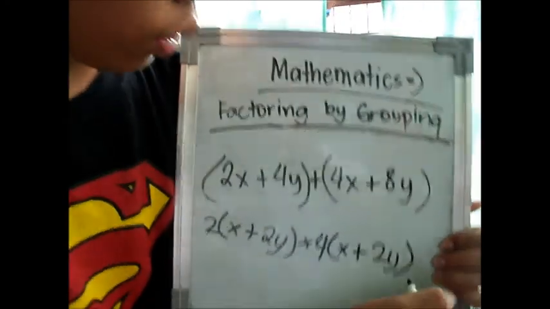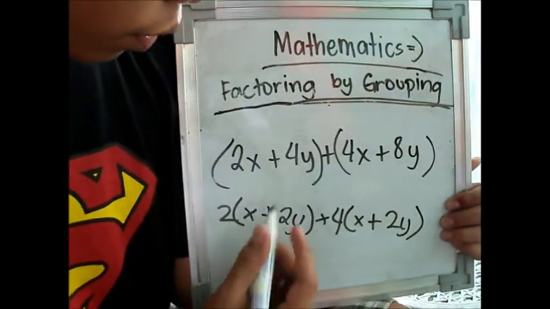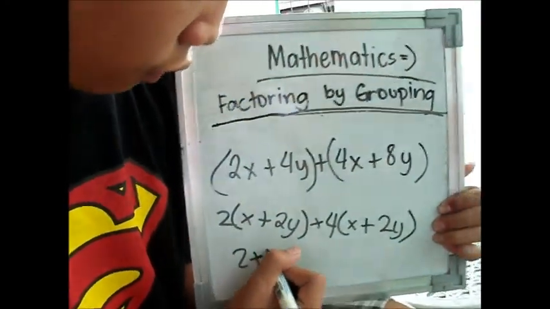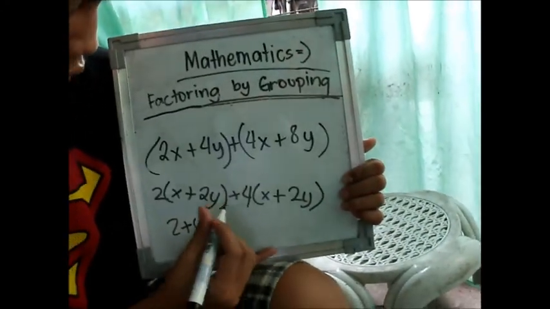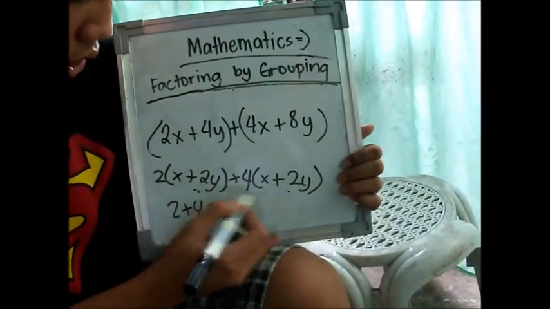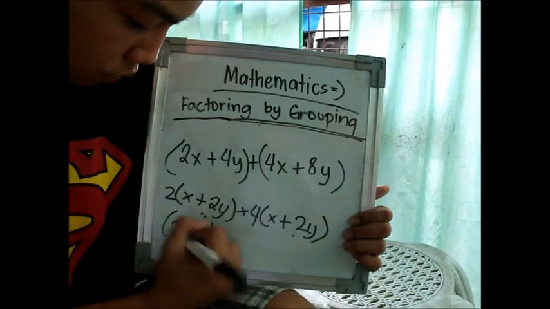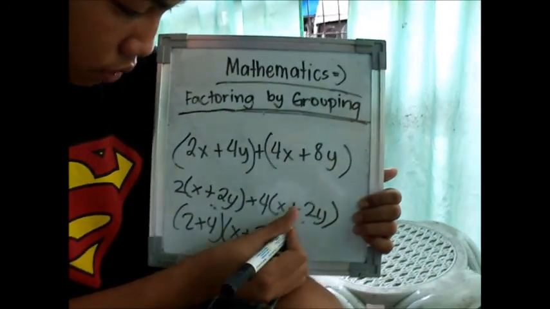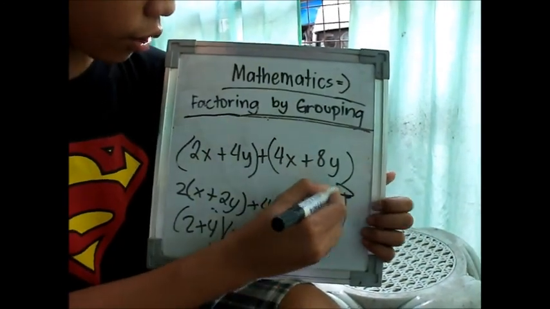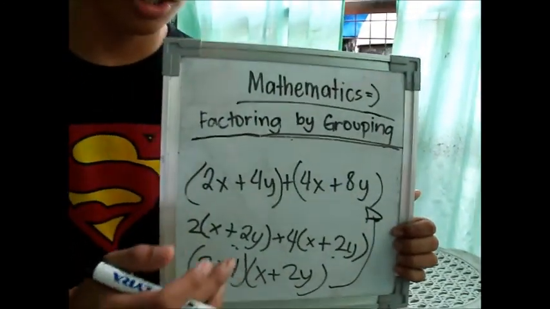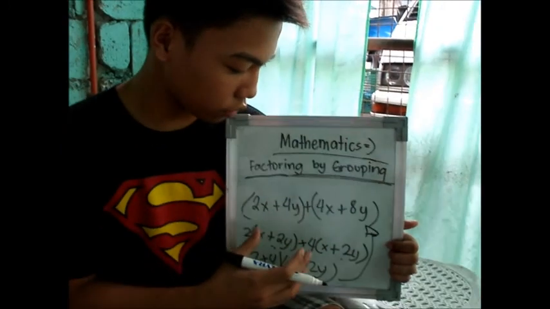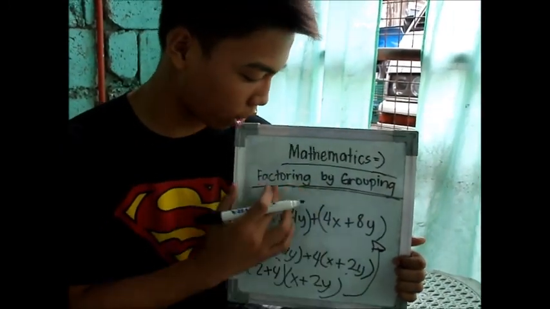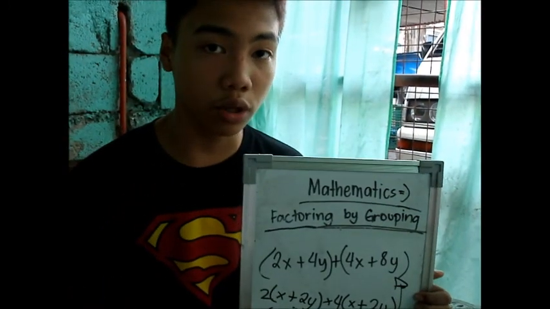So the answer will be 2 plus 4. And you will put this 2, because it's the same, you will just put it like this: x plus 2y. So that's the answer of this equation. These are some examples of how to use factoring by grouping. You can do this at school and perform it.